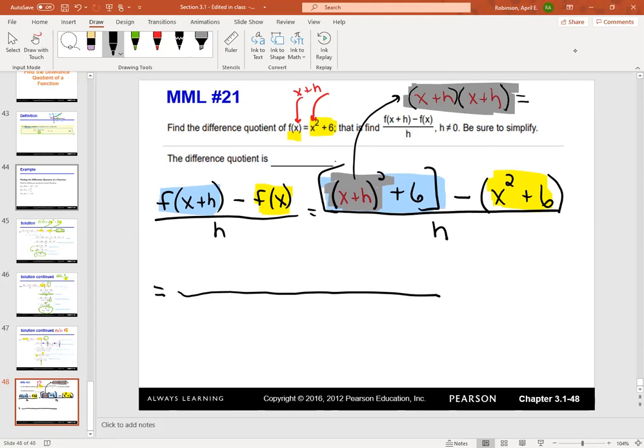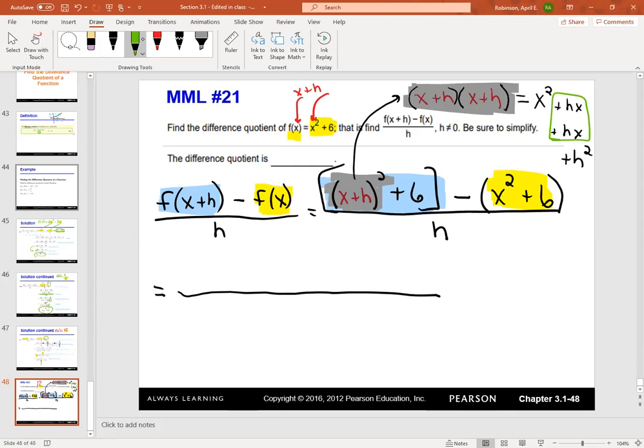So x times x is x squared. My outside would be an hx. My insides would be an hx. And my last times last is h times h. That's an h squared. And I can combine these two.